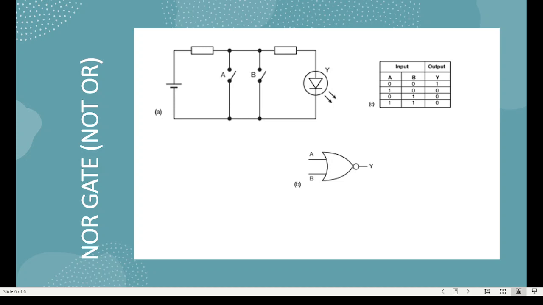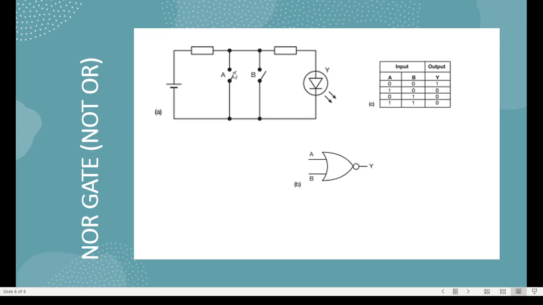If I turn off both switches, then the electric current will go here. Now if I turn on A and leave B off, this LED won't get any current.